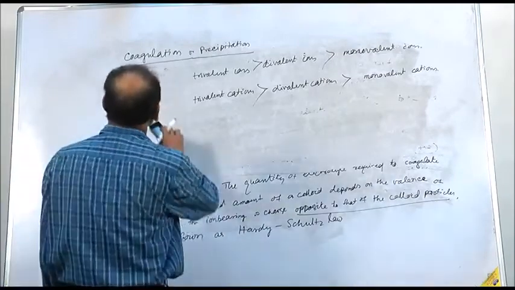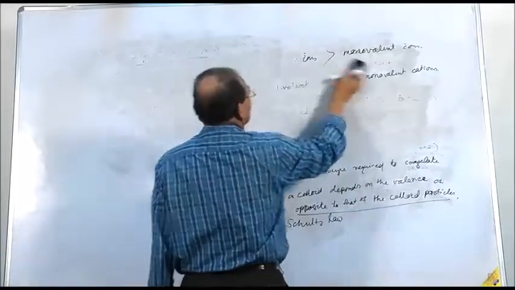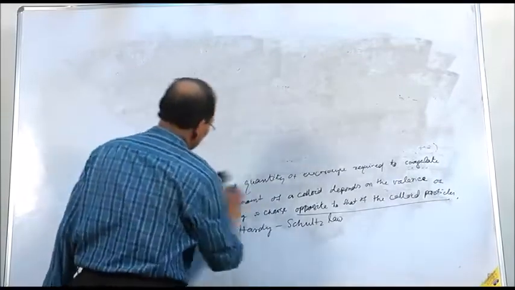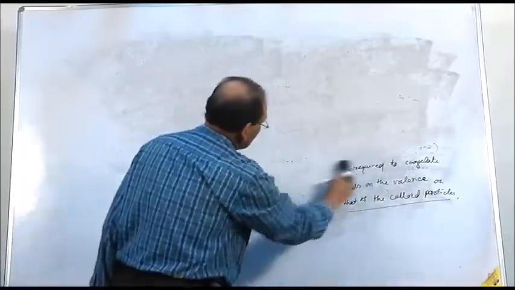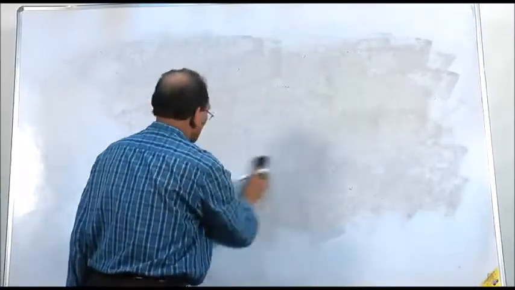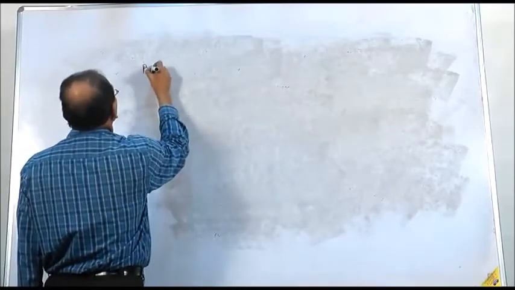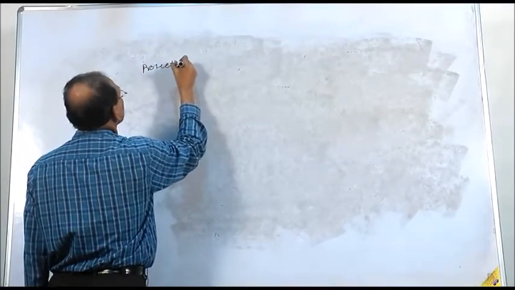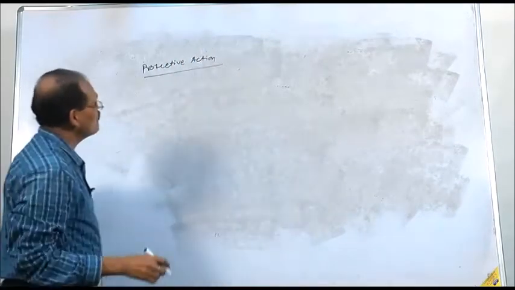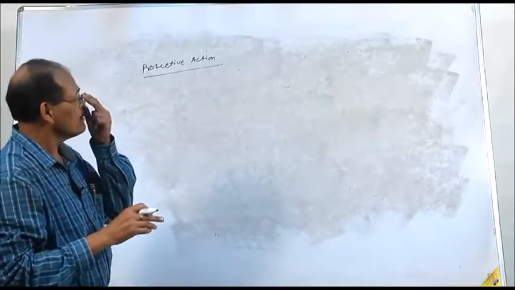Now coming to protective action of colloids. What is protective action of colloids? In the colloid medium, we will have both hydrophobic and hydrophilic ions or molecules. In that case, the hydrophobic molecules are covered by the hydrophilic molecules.